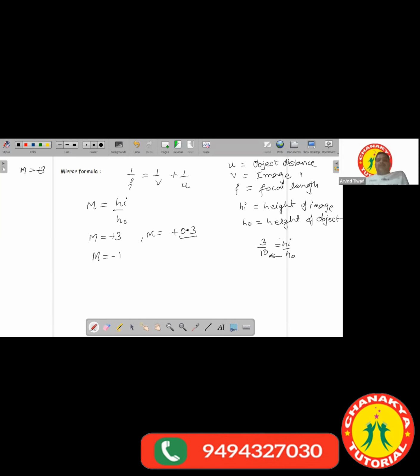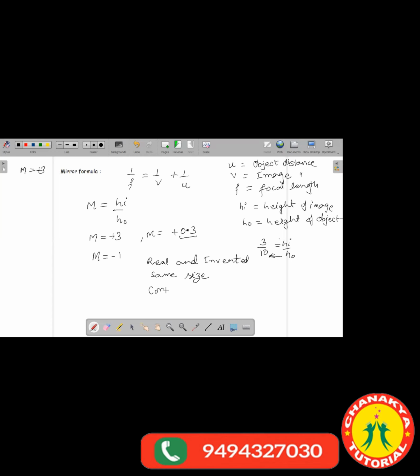Okay, so see, real and inverted, and same size. Which mirror do you think has been used? Concave mirror. And can anyone tell where the object is kept? At C.